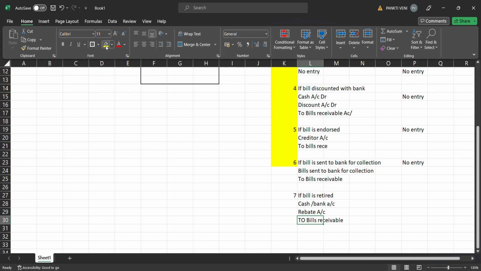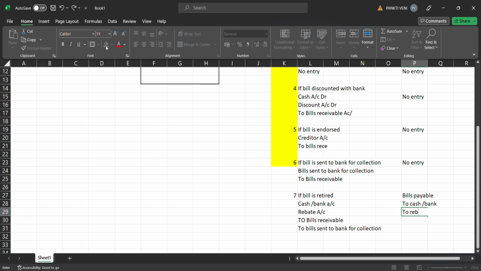Now if the bill is sent to bank for collection, this is the bill retired. In this case, in the books of the drawee, bills payable, because he is giving away the bill, bills payable debit, to cash or bank, to rebate received.